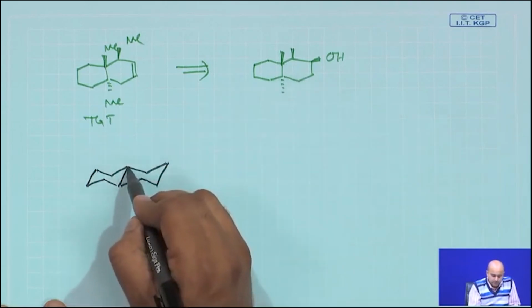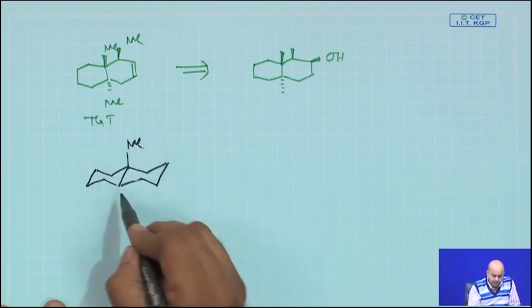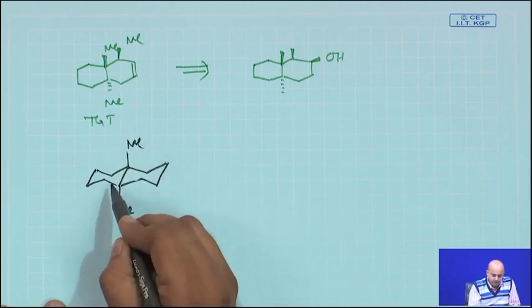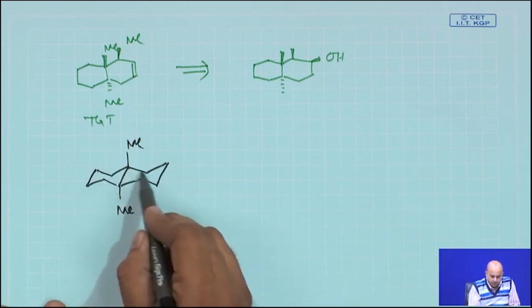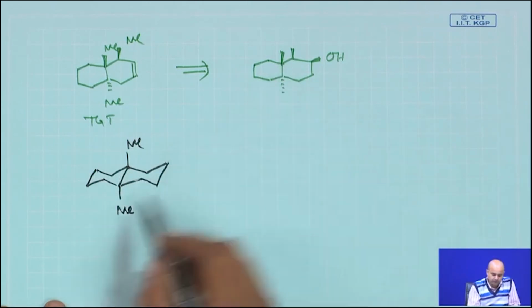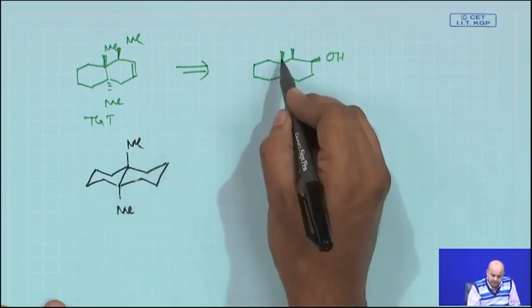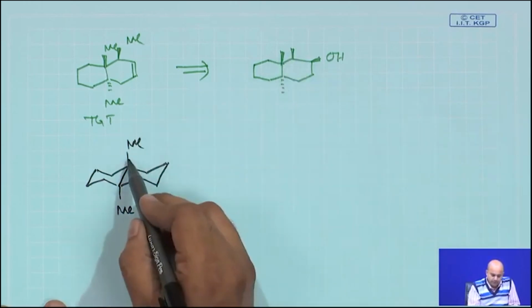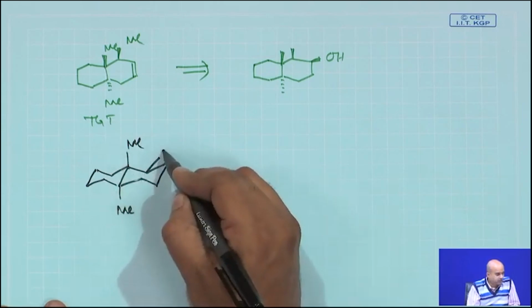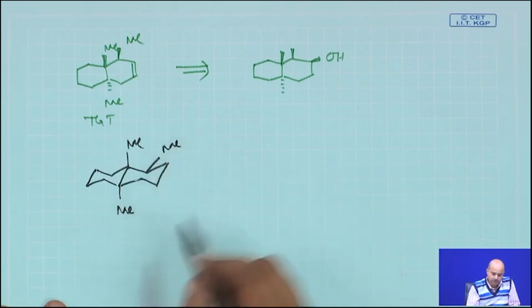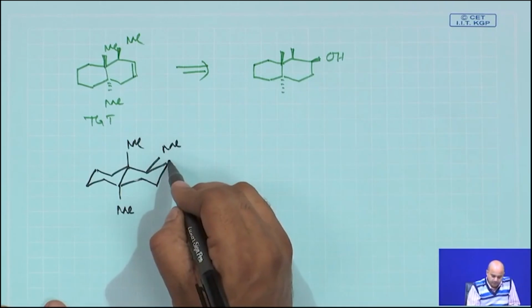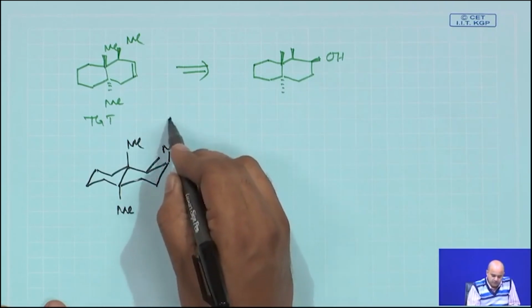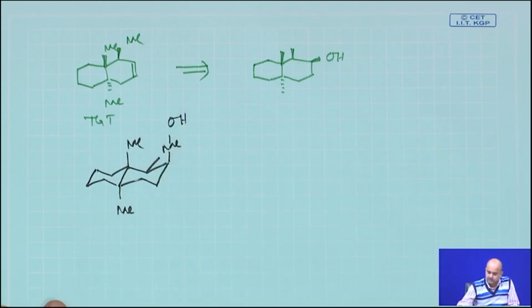Now, this methyl is up, this methyl is down, this is basically a trans-decalin, meaning this cyclohexane equatorial, equatorial gives you a trans. Now, this methyl and this methyl are cis. So, this methyl is axial. So, this methyl has to be equatorial, okay. And this methyl and OH are now cis. So, this OH has to be also axial.